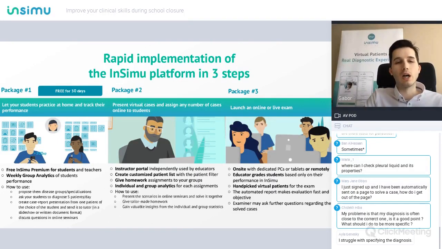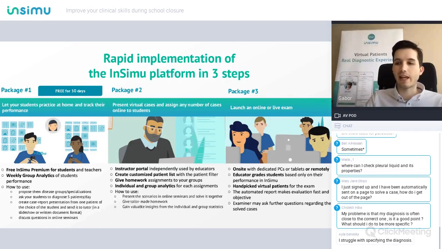If your school requests it, you can gain access to the InSimu premium features for 30 days for free, and they can also implement it rapidly in their curriculum. So still by the end of this semester, they can organize courses, or maybe organize exams if you want to have exams within InSimu, to assess your skills objectively.